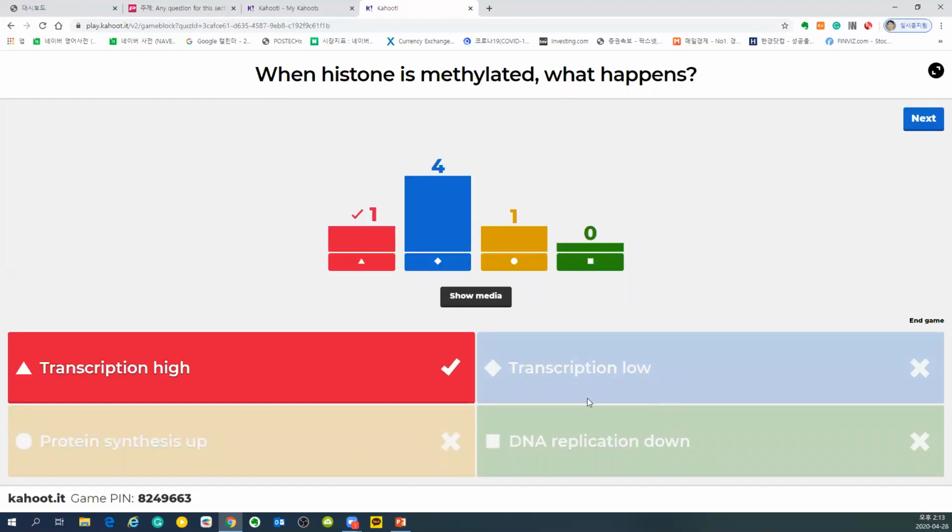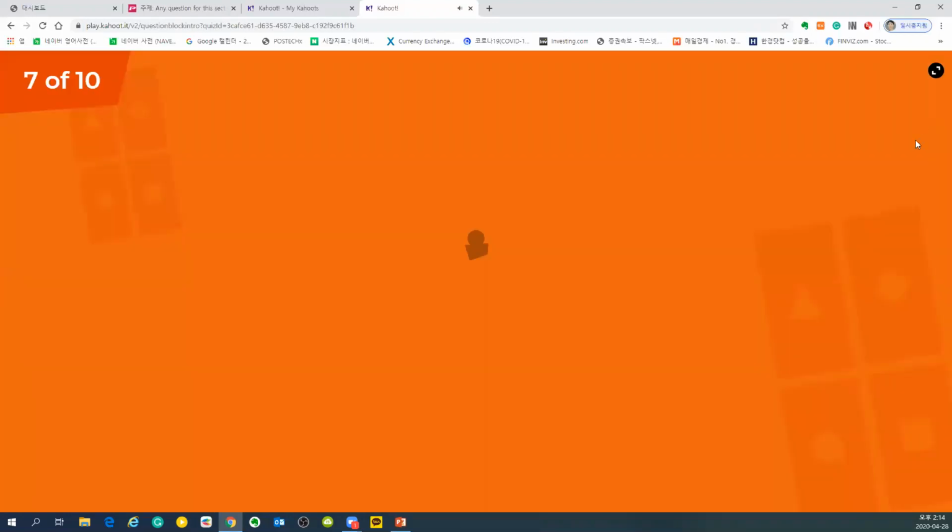So I didn't choose that. But anyway, the answer for this question is histone methylation, we don't know the result. It can be either going up or going down. Okay? Methylation on DNA, yes, it is almost always gene suppression. But histone methylation can be random. And also it can be affected by other factors together.